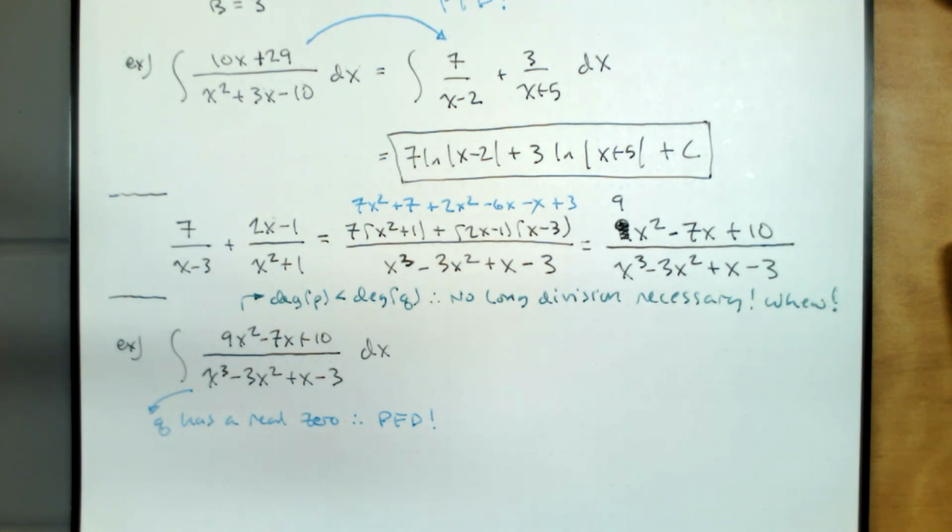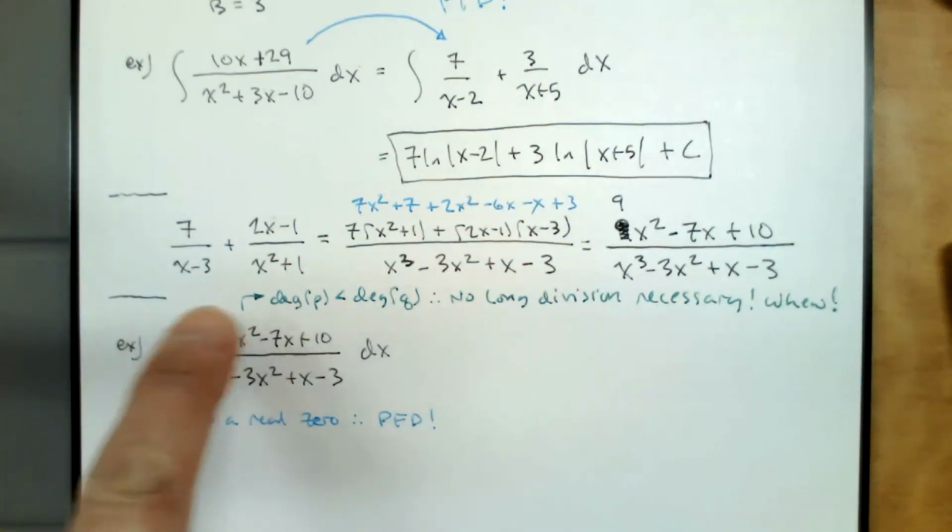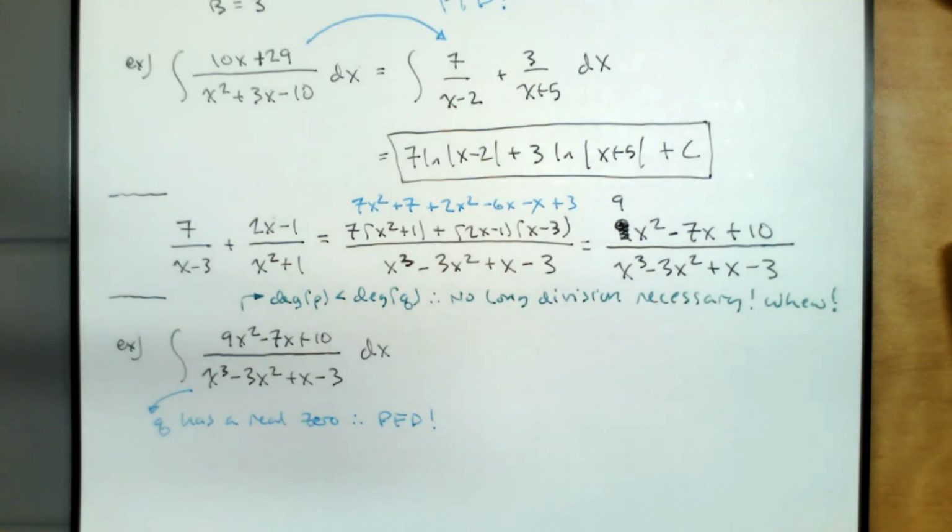This raises the question, how do we know that the denominator has a real zero? What's telling me that the denominator has a real zero, aside from the fact that I know exactly what the denominator is made of? What tells you that this denominator has a real zero?